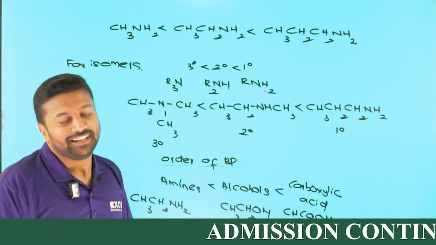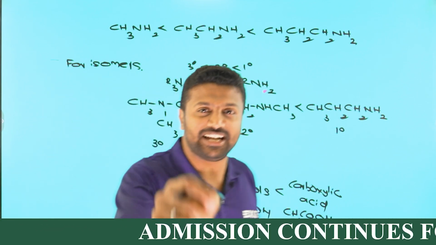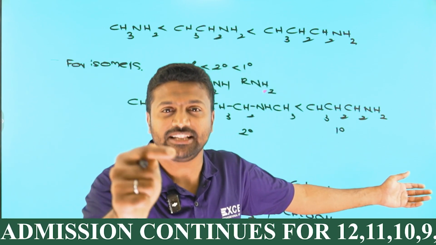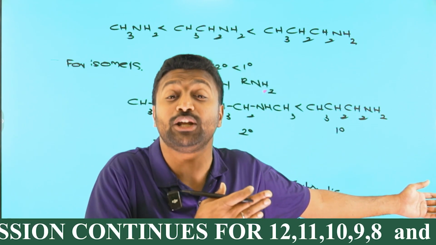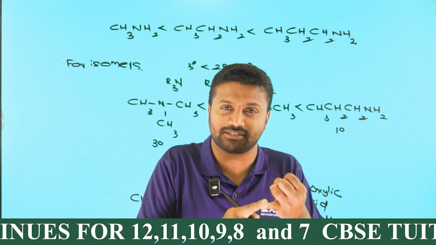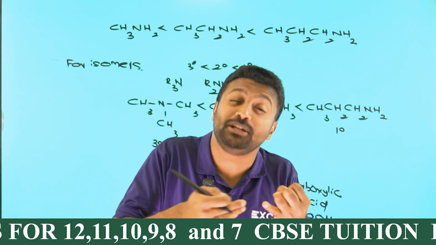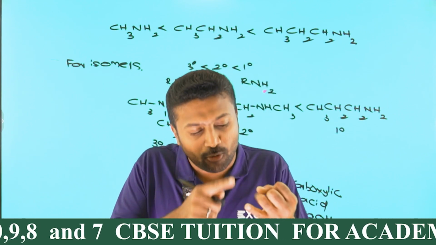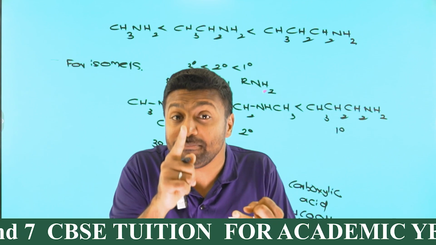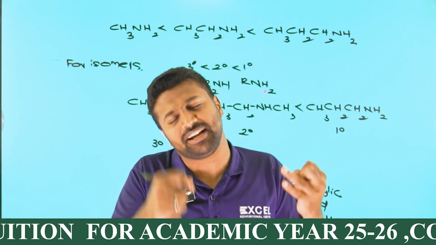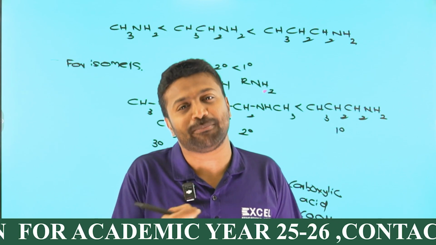Regarding the boiling point, whatever the organic compound may be, the first criterion deciding the boiling point is molecular mass. Boiling point is directly proportional to molecular mass, so more carbons means more mass, more boiling point. If molecular mass is the same, then primary will have more boiling point than secondary, because primary contains more H, so more H bonding.